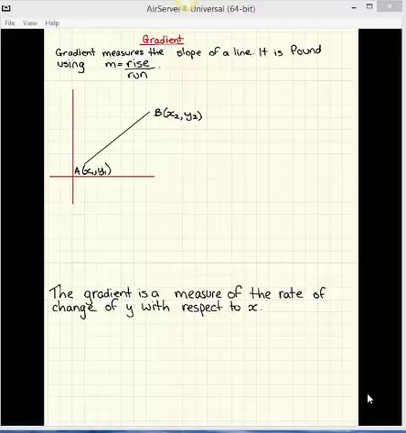So if you are looking at the interval AB, this line will continue on forever, but we have 2 points on the line, A, which is x1, y1, and B, which is x2, y2.